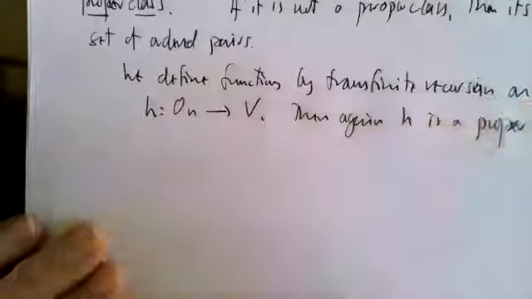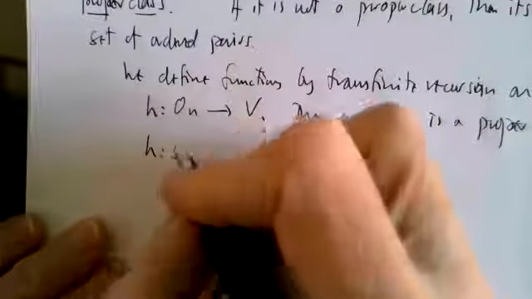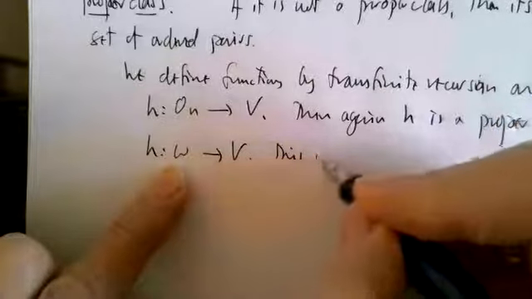But if I define a function by transfinite recursion on omega, for example, I get something that goes from omega into V. This is a set, right? But in both cases, they're classes of ordered pairs.